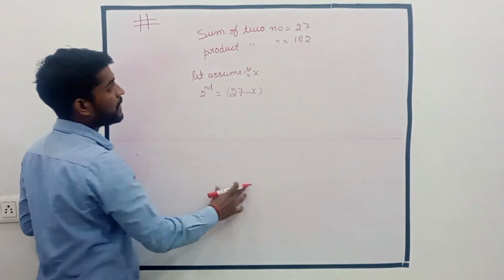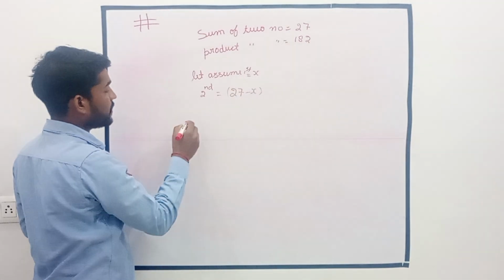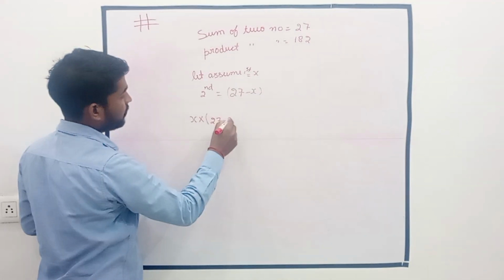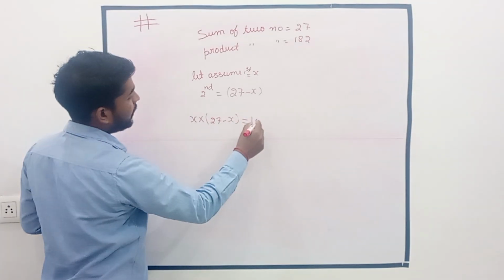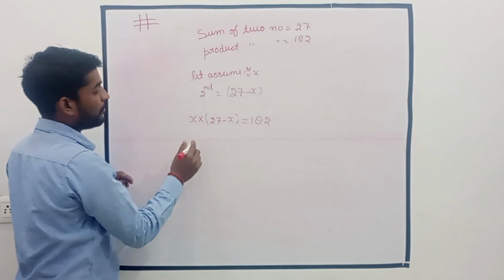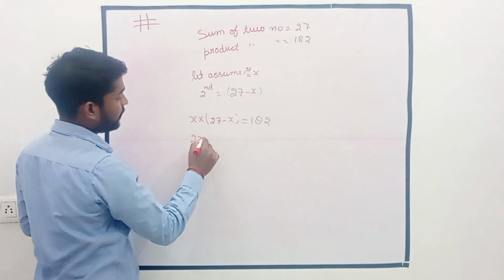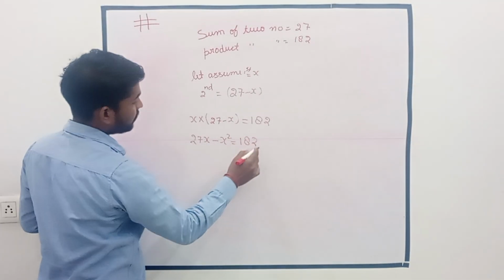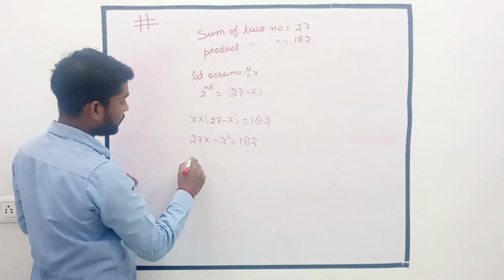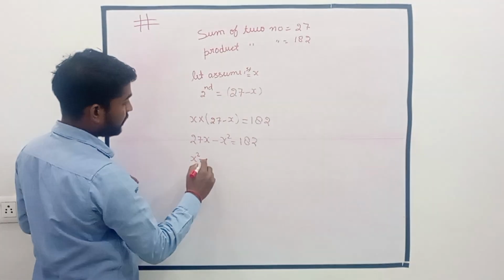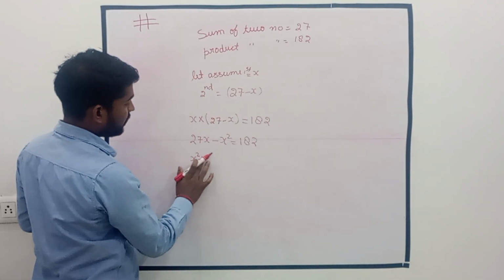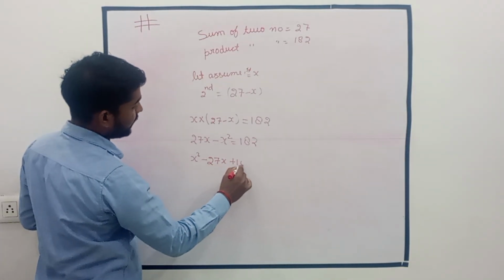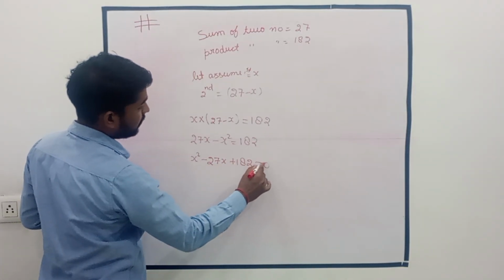These are the two numbers, and the product of these two numbers is equal to 182, and we form the equation. This will become x square minus 27x plus 182.